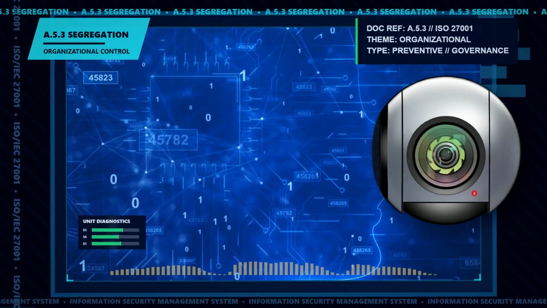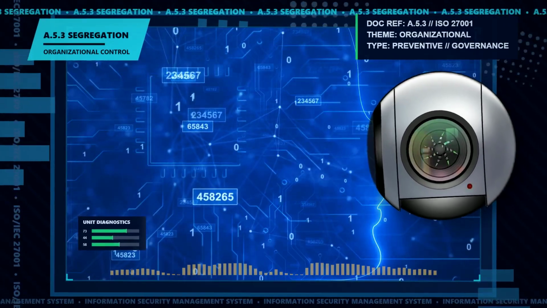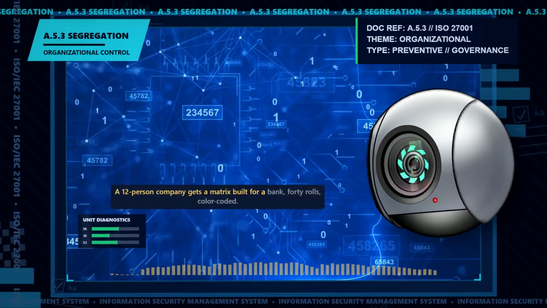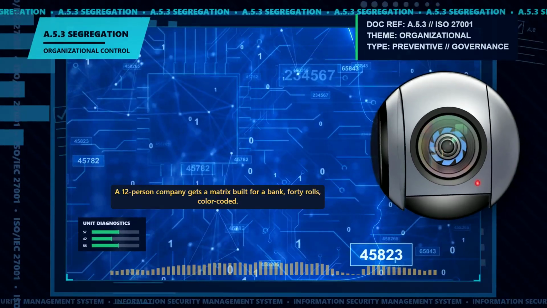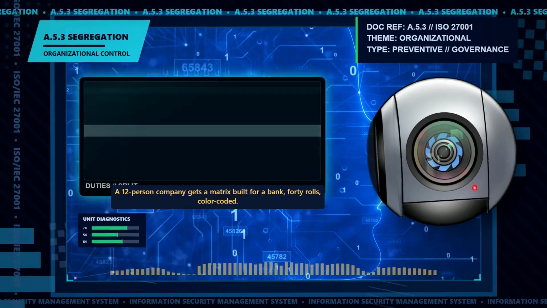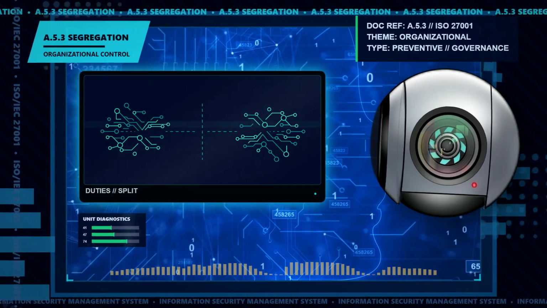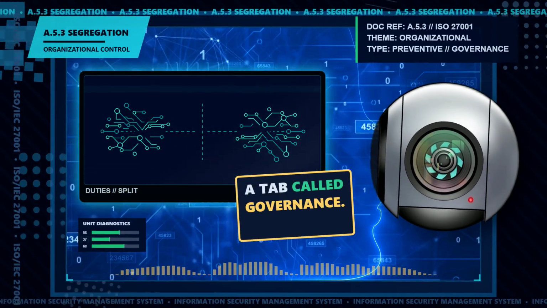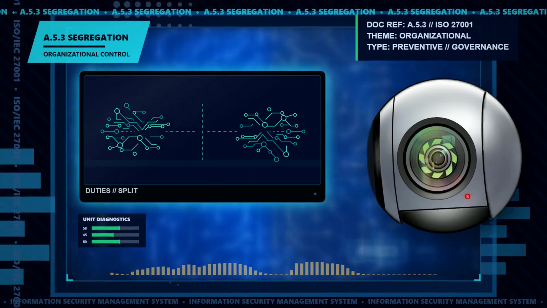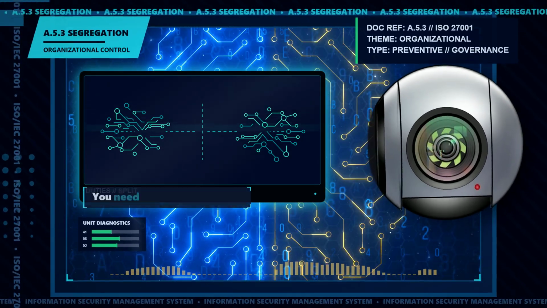Write it down. Here's where I want to push back on something, because there is a whole industry of consultants who will hand a 12-person company a segregation of duties matrix built for a bank, 40 roles, color-coded, a tab called governance. Adorable. You do not need that. You need 1 page.